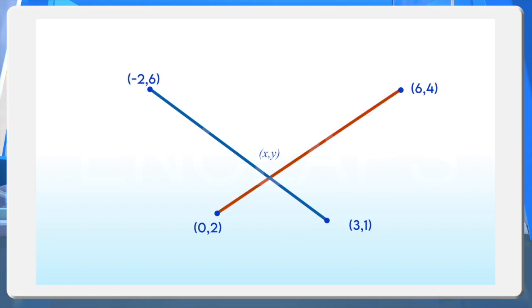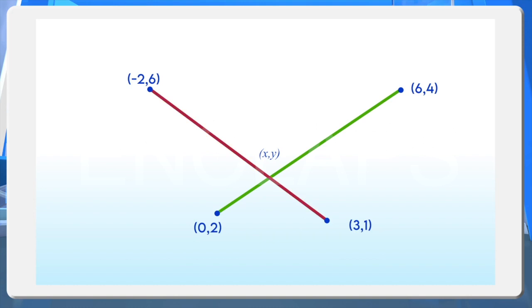Look at the right leaning line. As the x coordinate changes from 0 to 6, the y coordinate changes from 2 to 4. So, the y change is 1 by 3 of the x change anywhere on the line. Since the point x, y is on this line, from this statement we get y minus 2 equals 1 by 3 x.